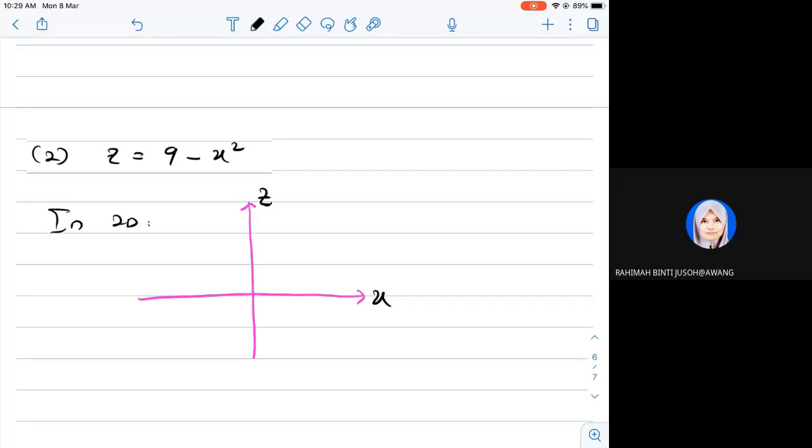Okay, now the subject is Z. So what happened guys? Subject is Z. So the graph should be menghadap paksi apa ni? Z. Okay, dia senyum ke masam? Masam. Very good. Dia masam.